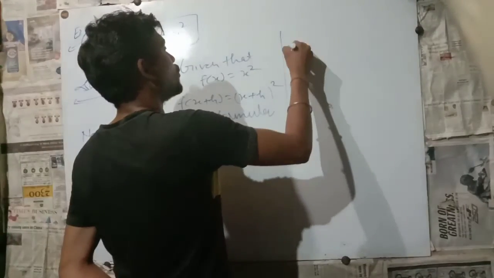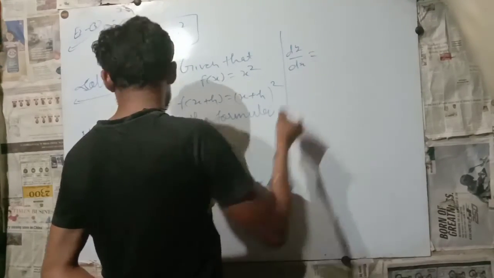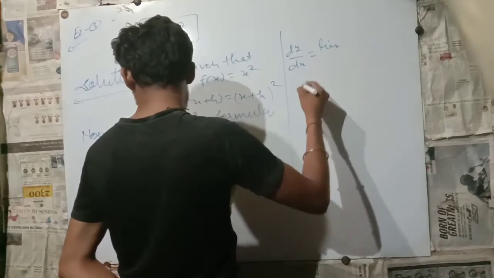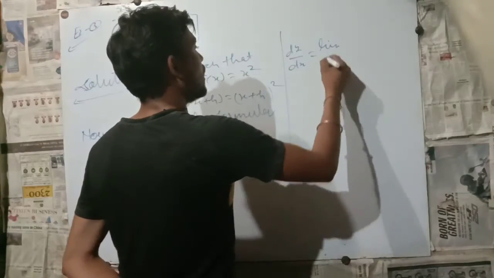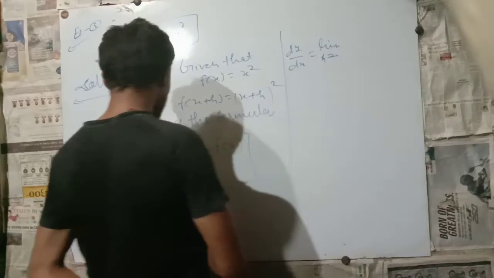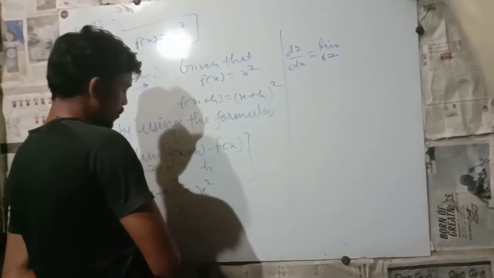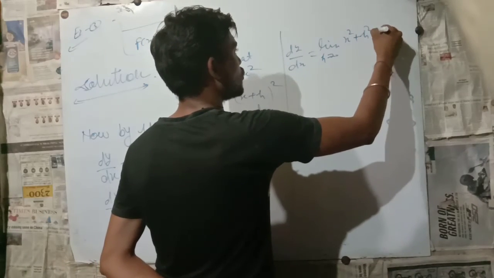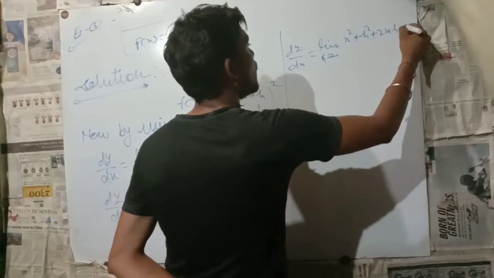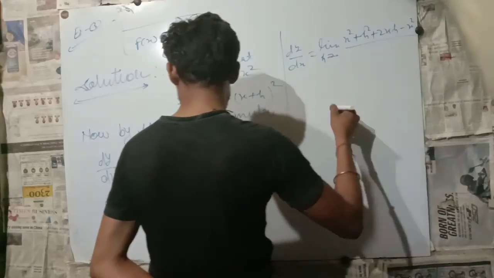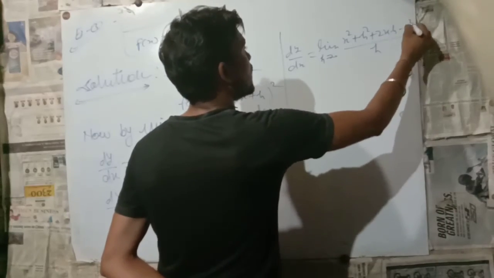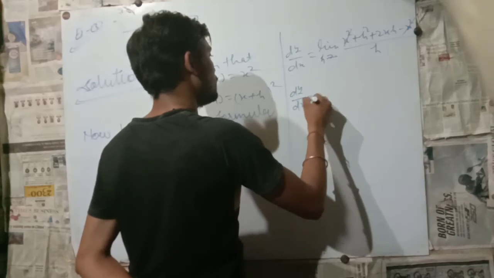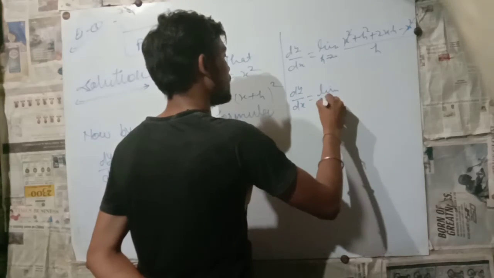So dy upon dx is equal to limit h tends to 0, and you can open the formula here: x square plus h square plus 2xh minus x square upon h. x square cancels. dy upon dx is equal to limit h tends to 0.